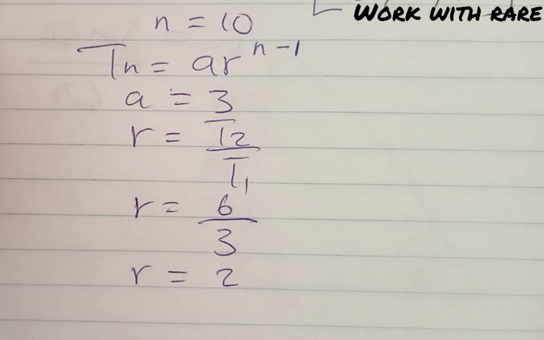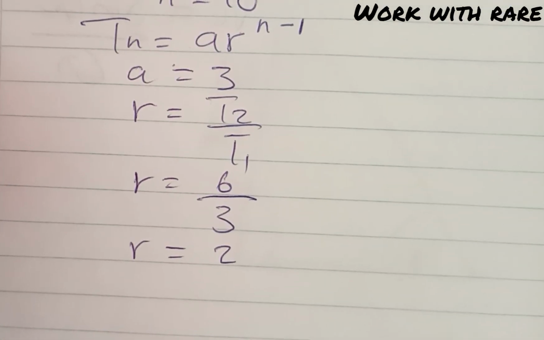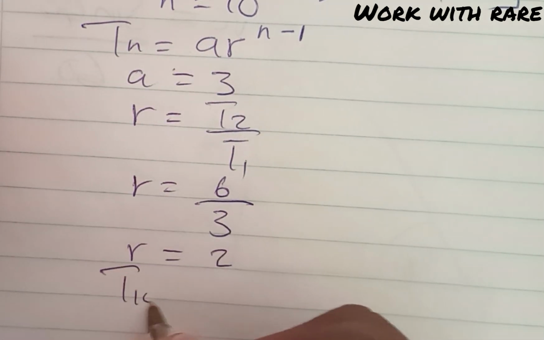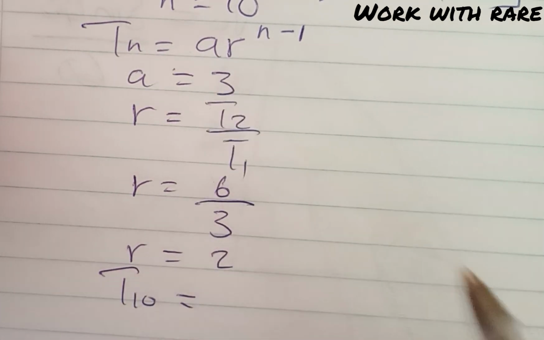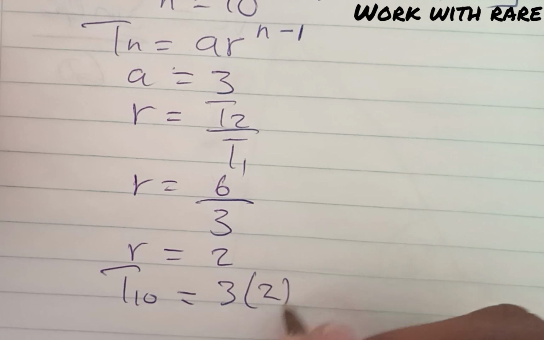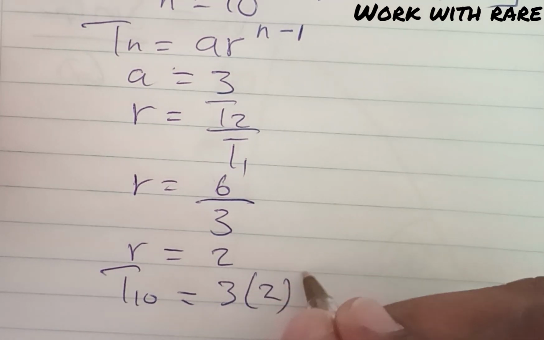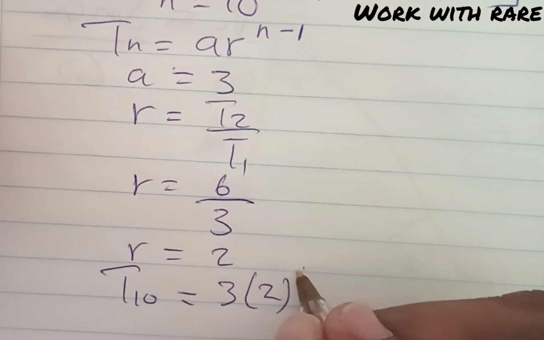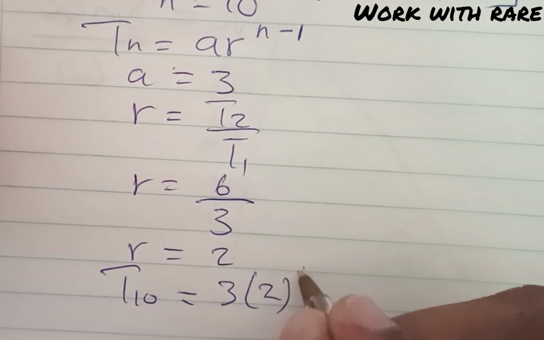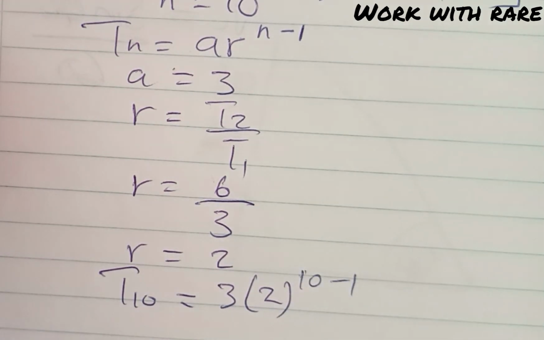Remember our formula? So T10 equals our a, which is 3, times our r, always put it in brackets, so r is 2 here, to the exponent n minus 1, which means 10 minus 1, okay?